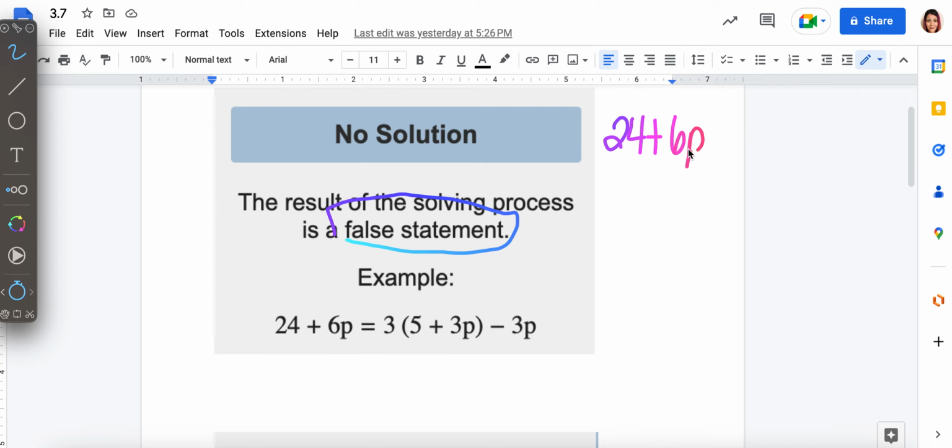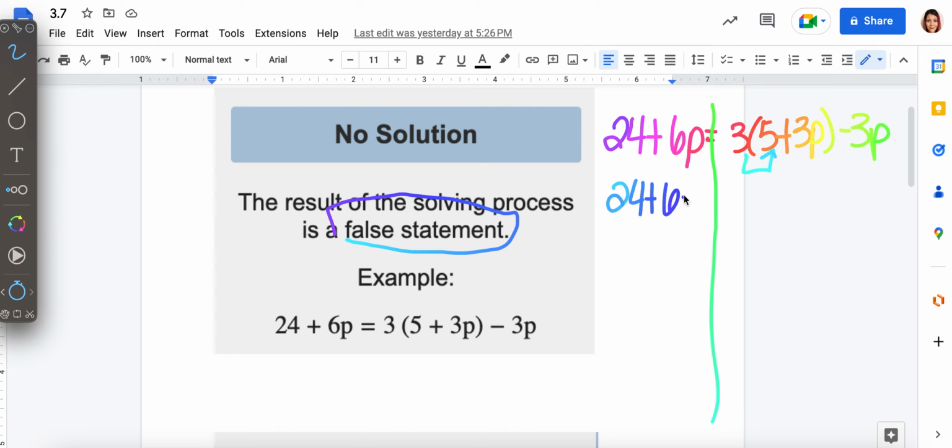So we're gonna solve this equation, 24 plus 6p equals 3, and we're gonna solve it just like we learned how to solve equations. This is simplified. We need to do the distributive property over here. I'm going to just bring this down, 24 plus 6p. 3 times 5 is 15. 3 times 3p is 9p, minus 3p.